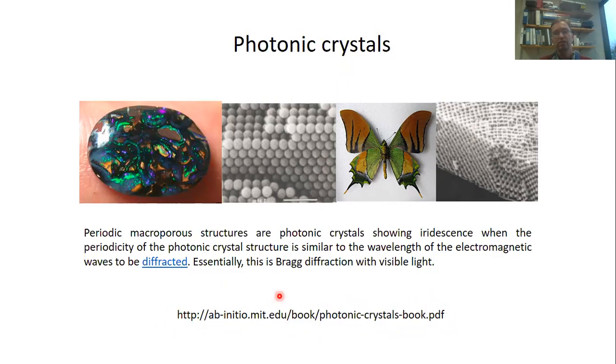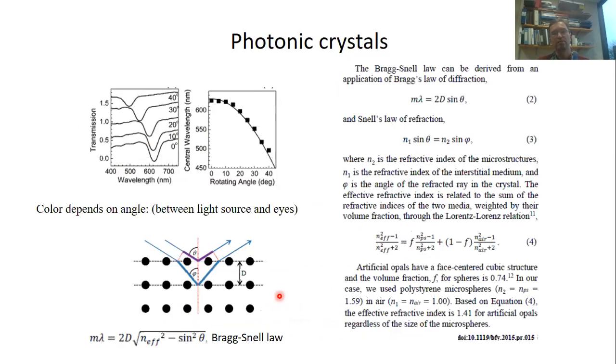Okay, so let's look at this diffraction phenomenon more closely. So we have learned that in the case of Bragg diffraction, we have lattice planes, okay, and then the incoming electromagnetic radiation, in this case X-rays, get reflected at these crystal planes.